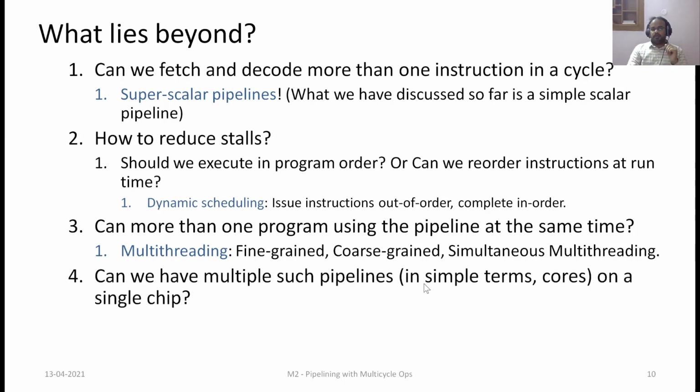The fourth question is, let's say we have multiple such pipelines, which are superscalar pipelines or out of order pipelines with multi-threading on them. If we have multiple of them available to us in a single chip, what can we do? So here we have the multi-core era.